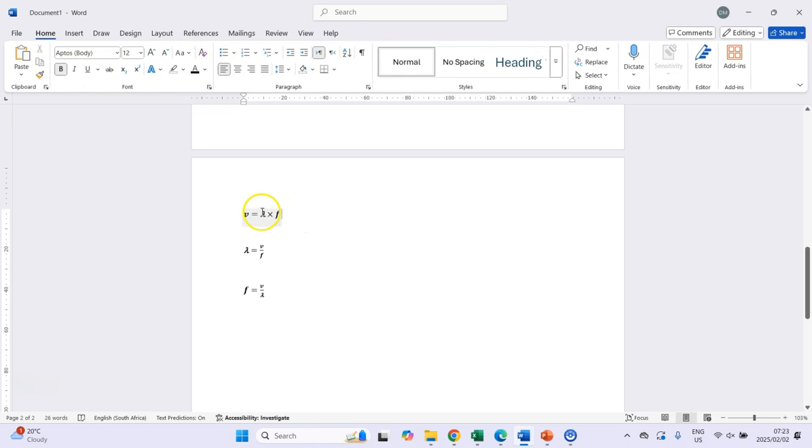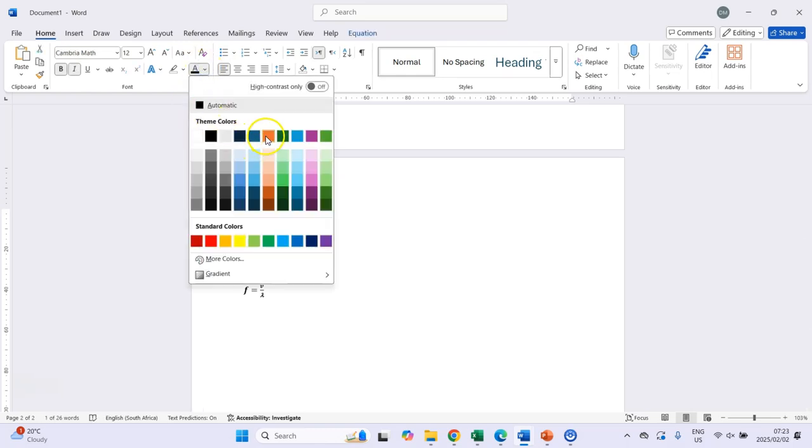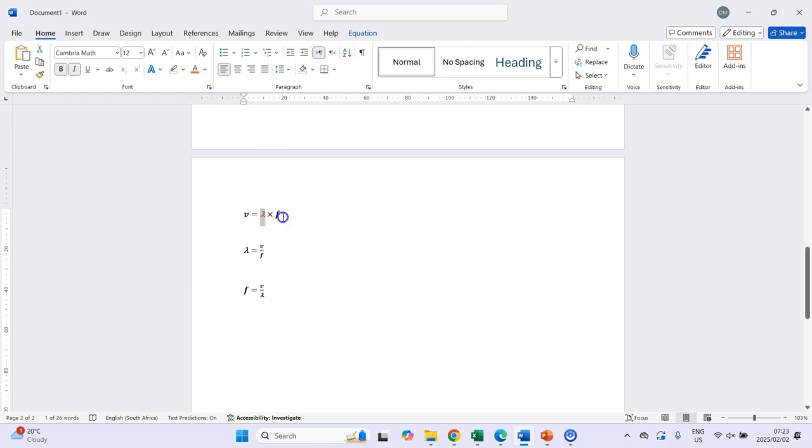Now, if my wavelength remains constant and I increase my frequency, what will happen to the speed of the wave? Let's say that the wavelength remains constant at a value of 2. If my frequency is 1, then the speed of my wave will be 2 times 1, which is 2.